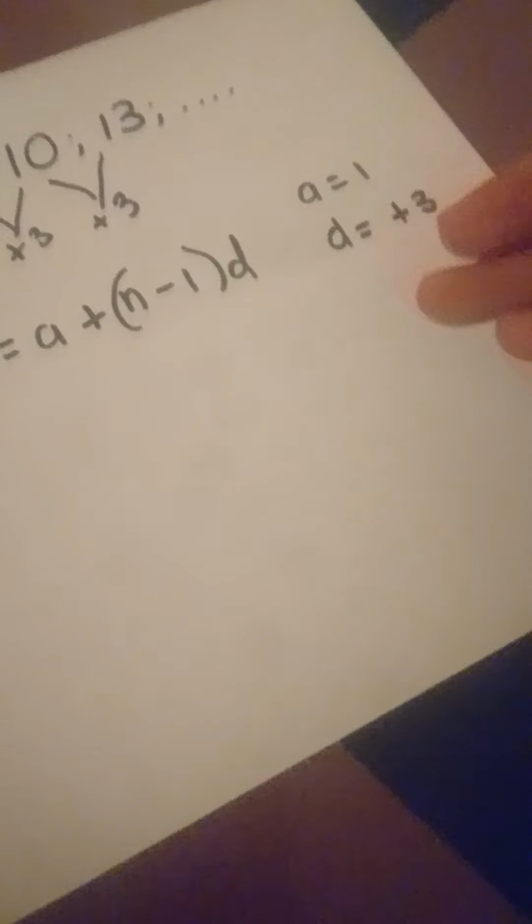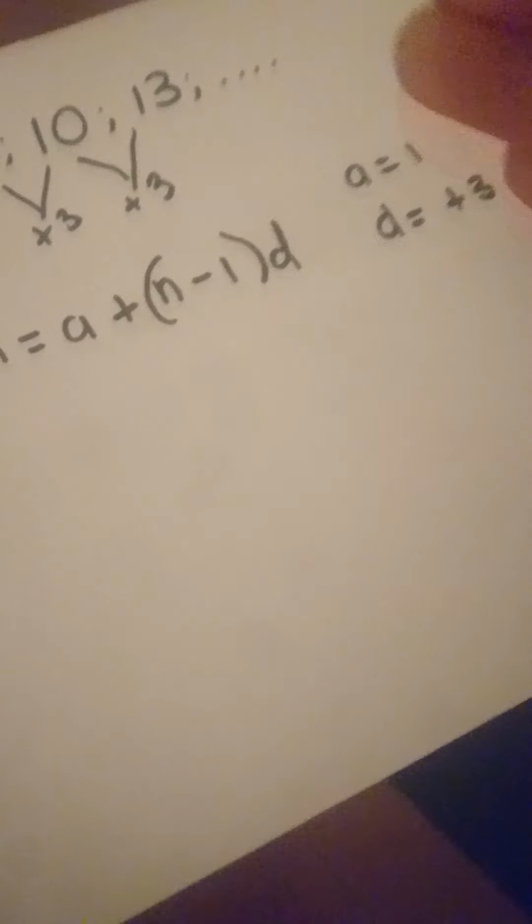Now we are just going to substitute these values into our formula to find our general term. So this is how we do it. We say Tn equals a, which is 1, plus (n minus 1), and our difference is 3.